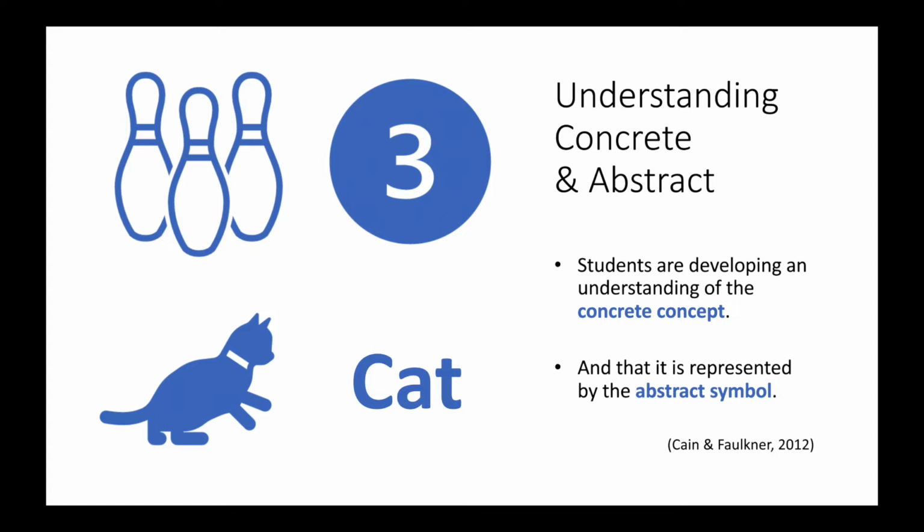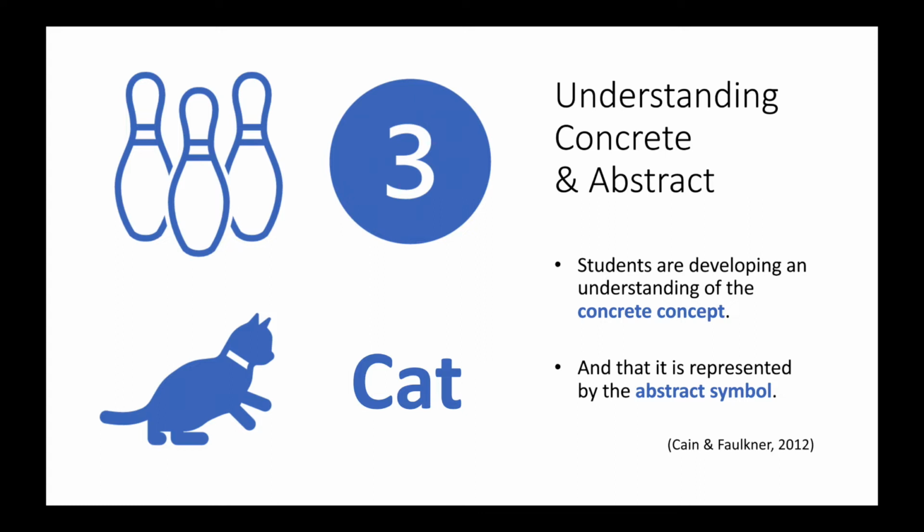Students can learn that symbol for 3, but they don't necessarily know what 3 is or experience what 3 is. So we have to help them make that connection between the abstract symbol, the numeral 3, and the concrete concept, like holding 3 things in your hand, experiencing that is 3.